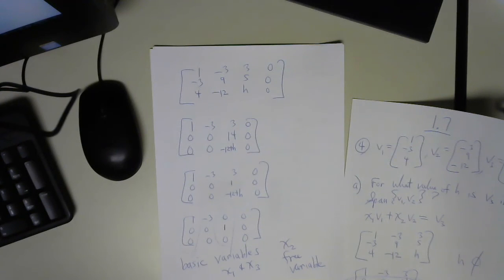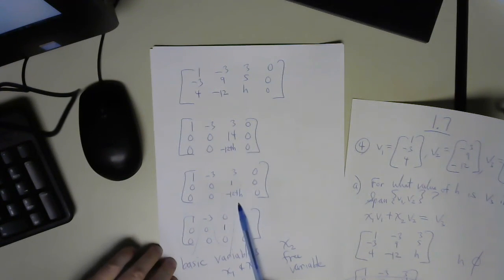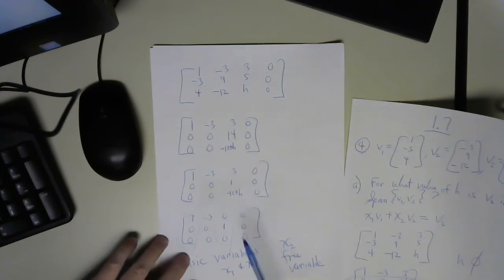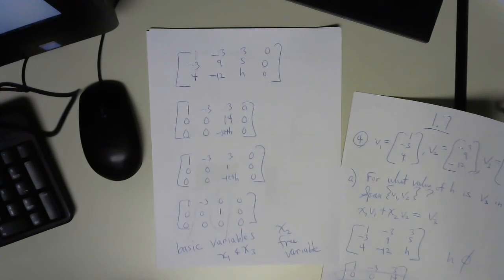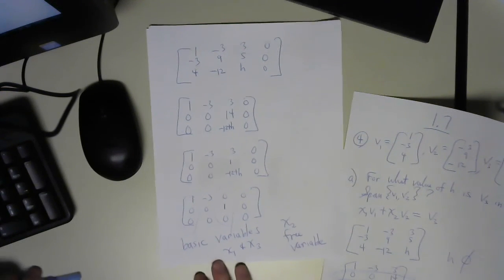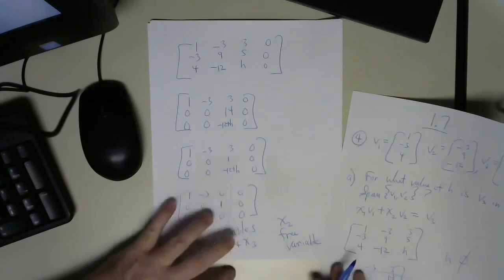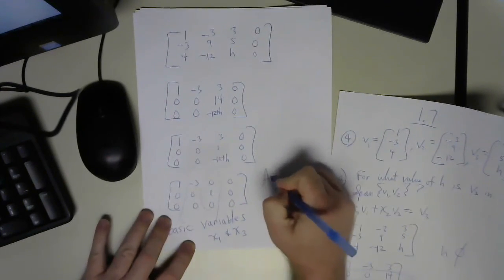So it looks like the three vectors v1, v2, and v3 are linearly dependent for any h because we didn't have to put any restriction on the h at all. So these things are linearly dependent for any h, and that's the answer. Any value for h.